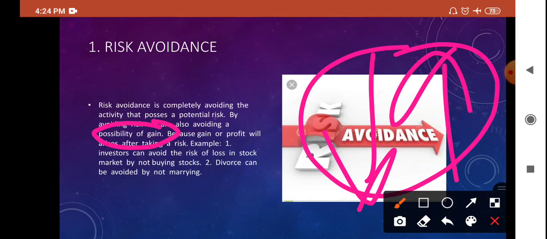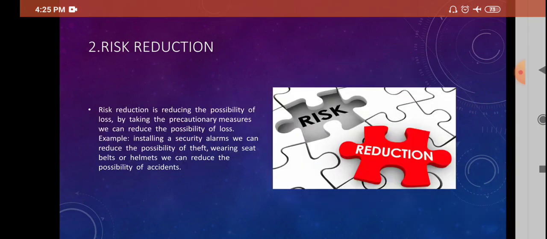Next, if you are fearful of getting divorced, you can avoid it by not marrying. Obviously nobody will do this, but everyone fears divorce. So the example given is that by not marrying you can avoid getting divorced. So this is risk avoidance.